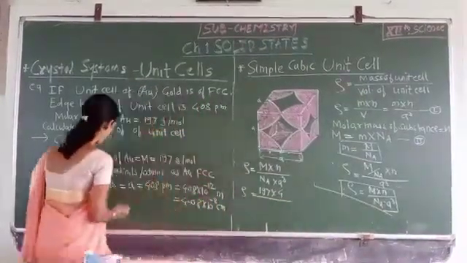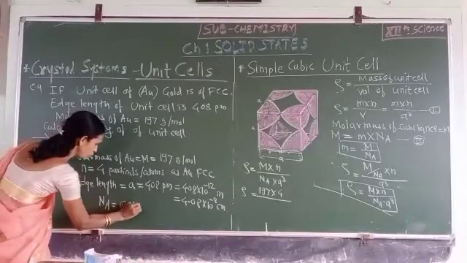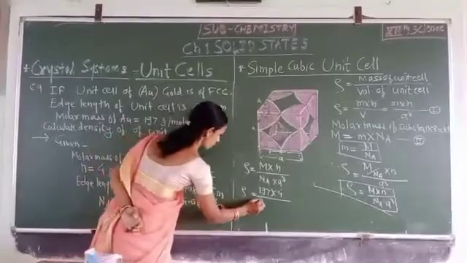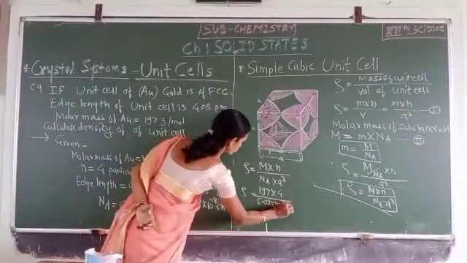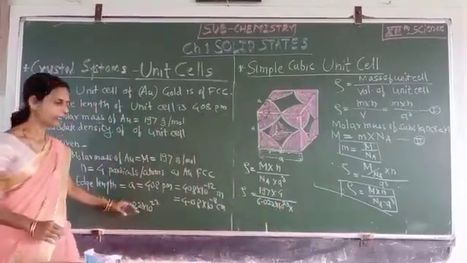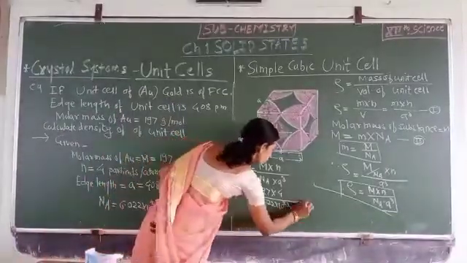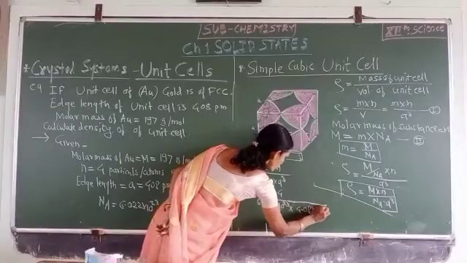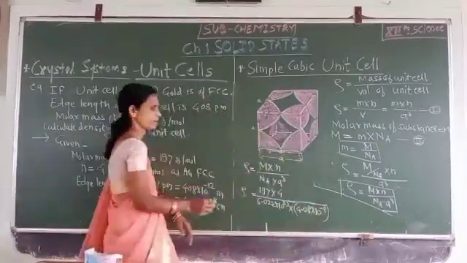Na is nothing but the Avogadro number, 6.022 into 10 raised to 23, into the edge length which is given here, 4.08 into 10 raised to minus 8, and here A cube is there.